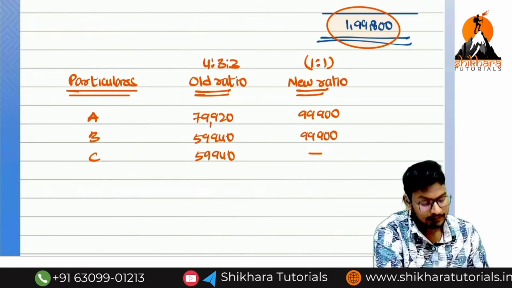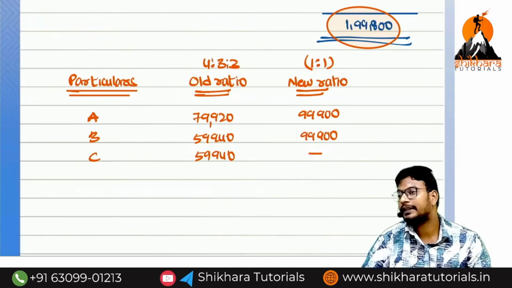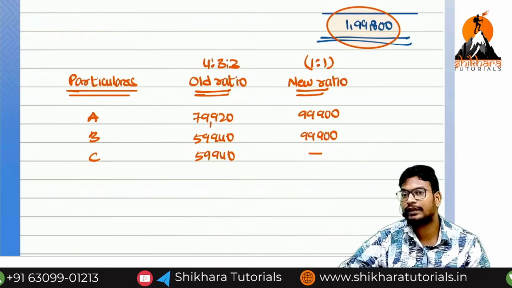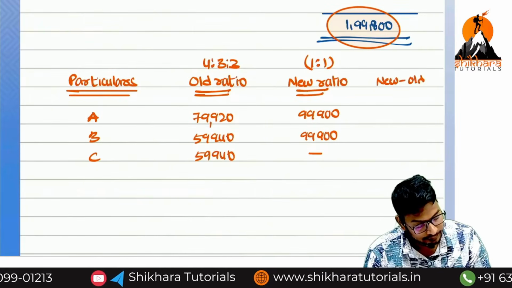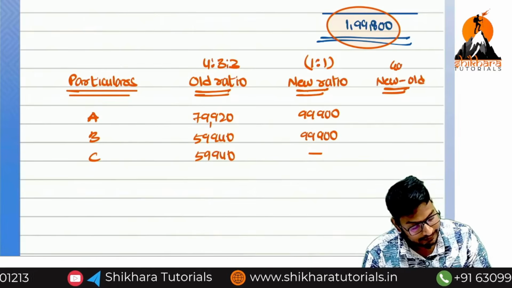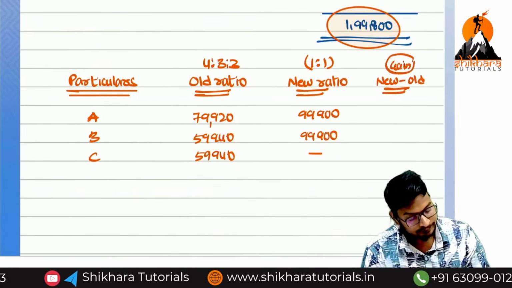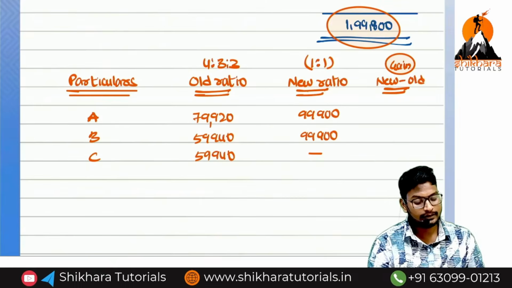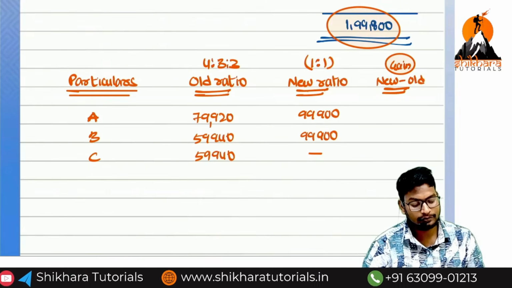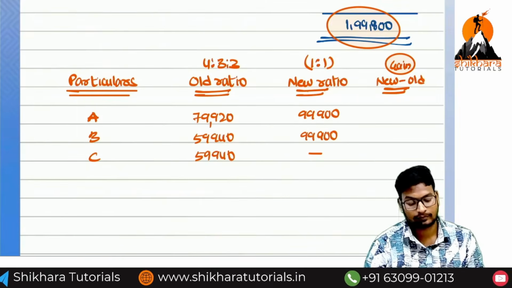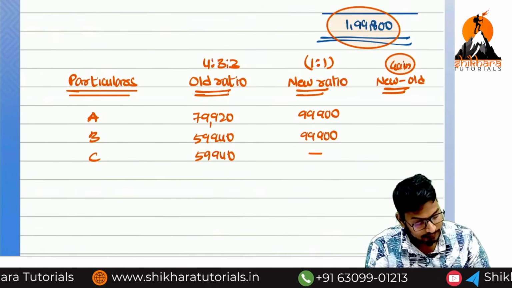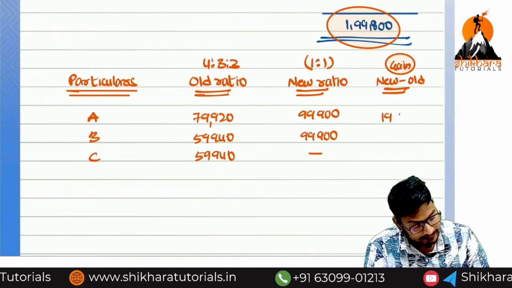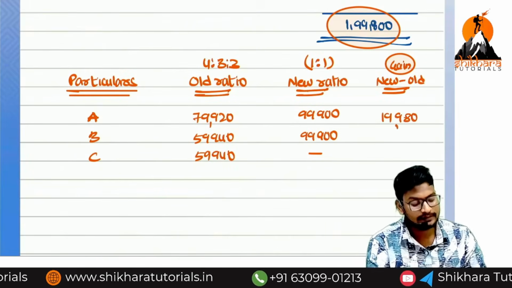Now, sir, gaining ratio. What is the gaining ratio formula? New ratio minus old ratio. So new minus old, identify the gain. 99,900 minus 79,920 is 19,980. Is this positive or negative?